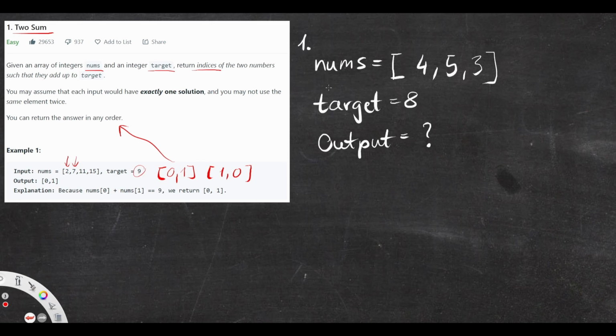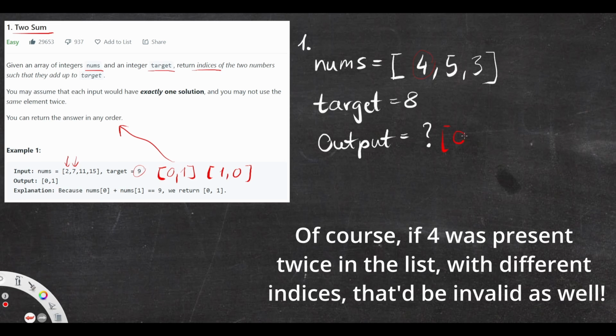The next important part of this description is that we cannot use the same element twice. So in the case of this little example that I scribbled up here, we have an input of 4, 5, and 3, and our target number is 8. If I took 4 twice, this would add up to 8, right? But in that case, the output would be 0, 0, which is invalid according to this problem statement.